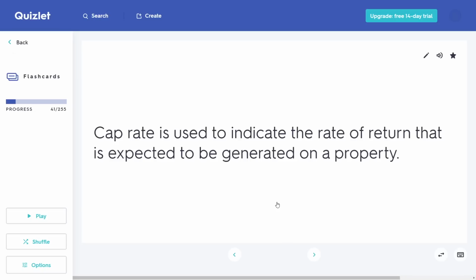This comes up all the time in real estate investing. If you do want to become real estate investors, while you get your license, things like that, it's super important to be familiar with this term. It's as simple as that. It's just the rate of return that is expected to be generated on a property.